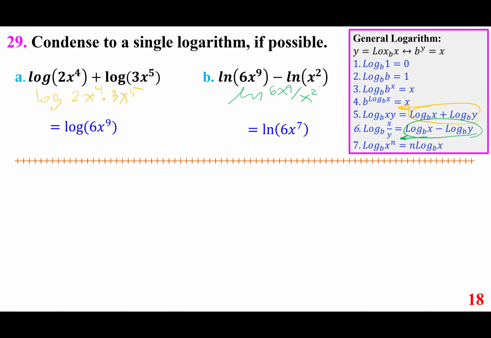And we get ln of 6x to the power of 7. So that's very straightforward, everybody.